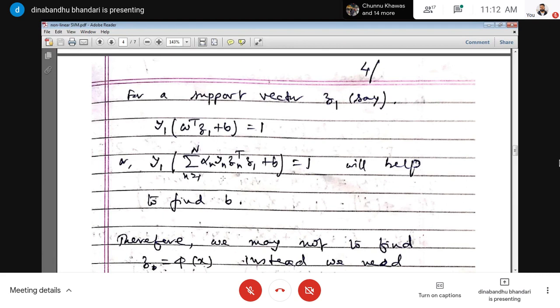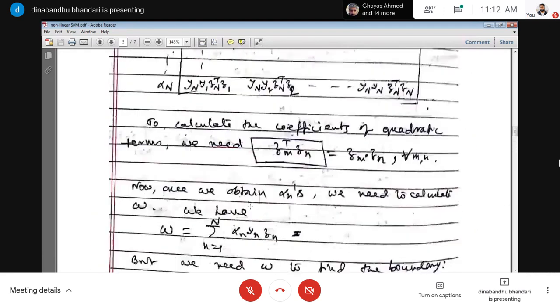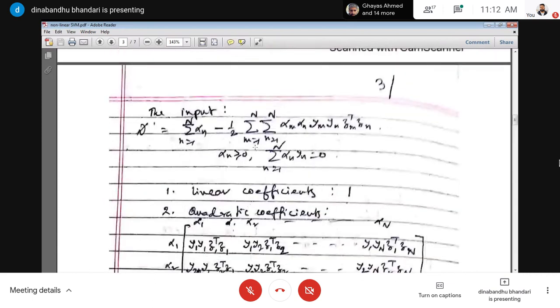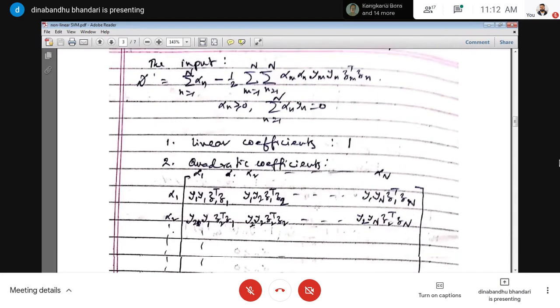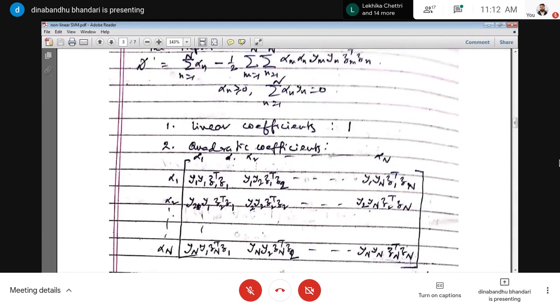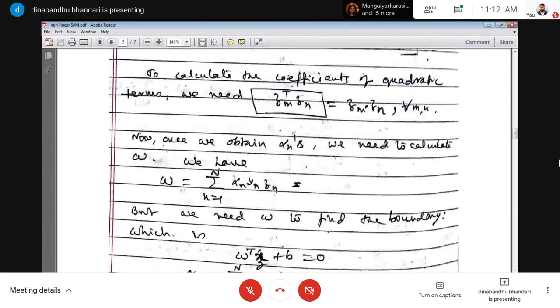That's what I am trying to say, because what I earlier said is that to solve this dual problem, what we have to calculate is these coefficients, right? And what you need is only the dot product of two vectors in the feature space, and then to calculate the W, this is the function.